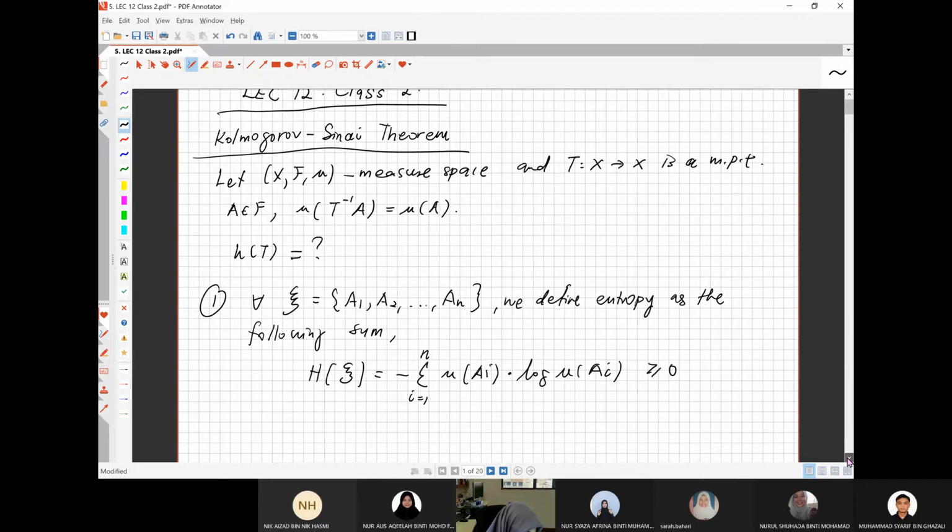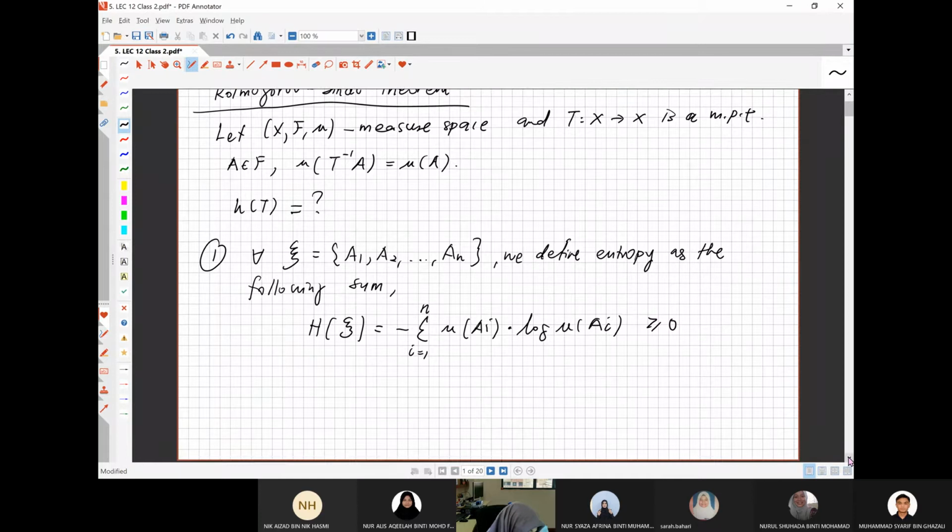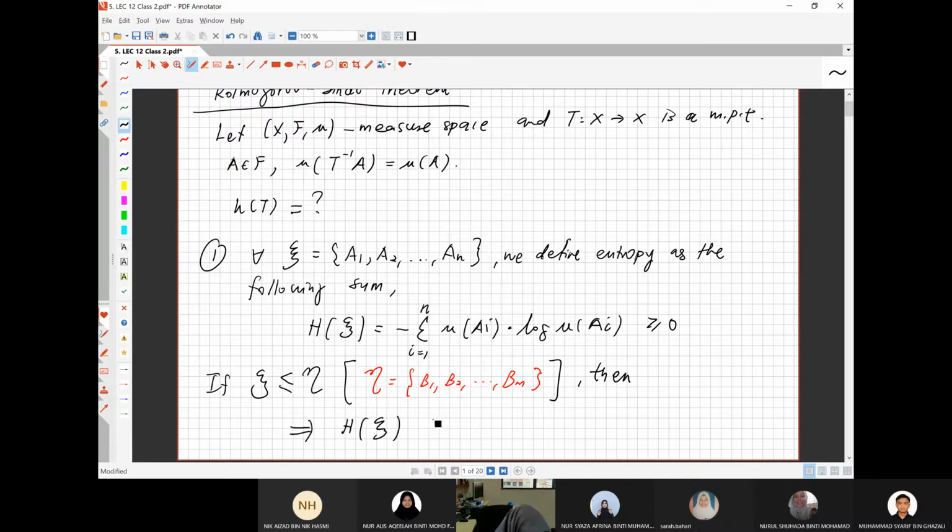Okay, next. If we have two partitions and this partition psi is less than or equal to eta, where eta is another partition that has m elements, that means the entropy of the partition psi must be less than or equal to the entropy of the second partition eta.